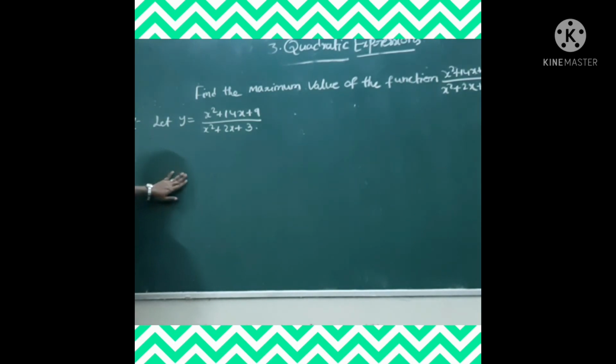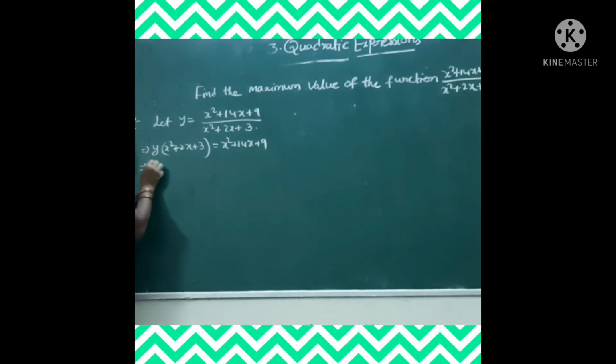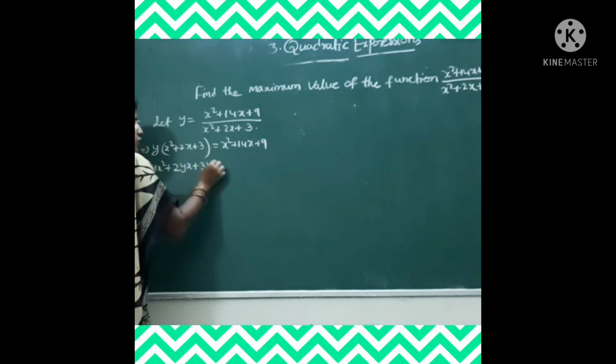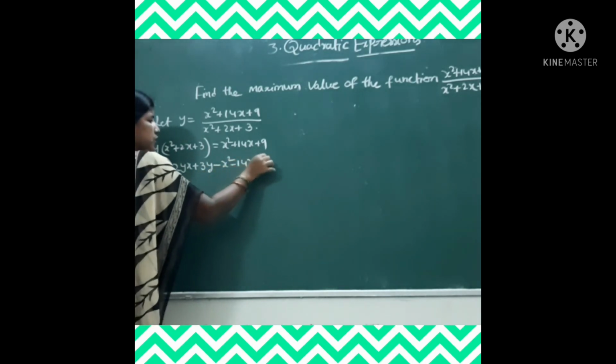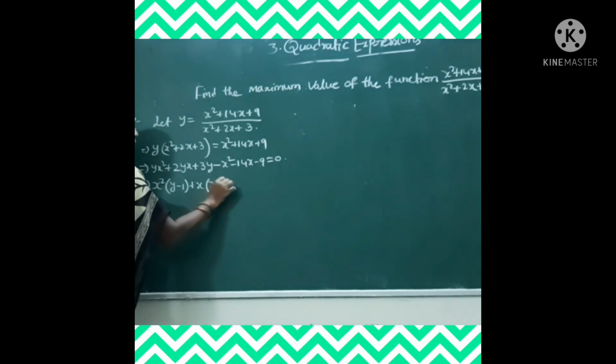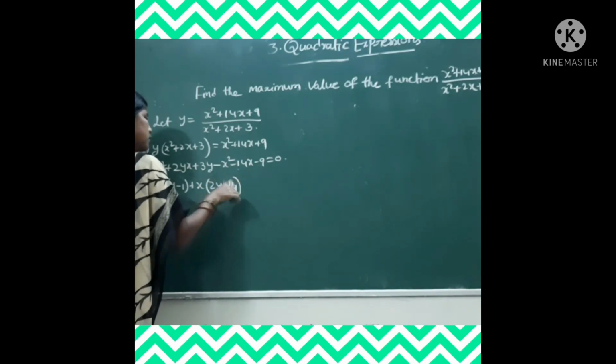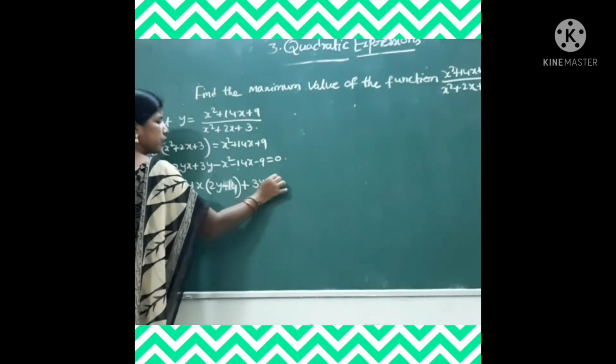So (y minus 1) x square plus (2y plus 3... ) x, minus 4x common 2y minus 14, plus 3y minus 9 is equal to 0.